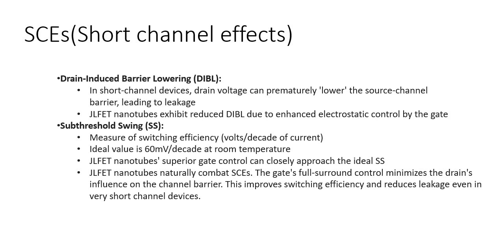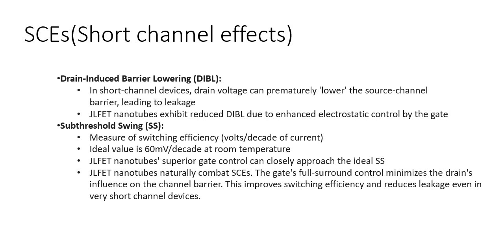Next is short channel effects. We know that different types of short channel effects are there: DIBL, subthreshold swing, gate induced barrier lowering, leakage currents, higher electric field, drain to source direct tunneling, and lateral band to band tunneling.